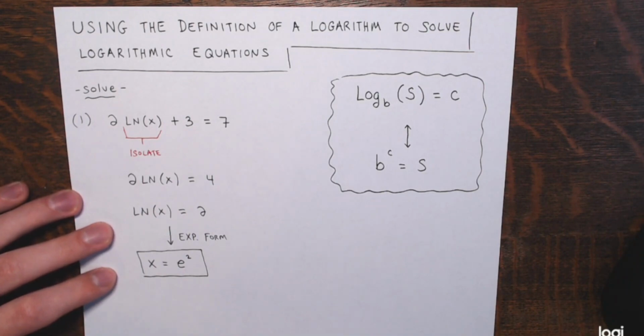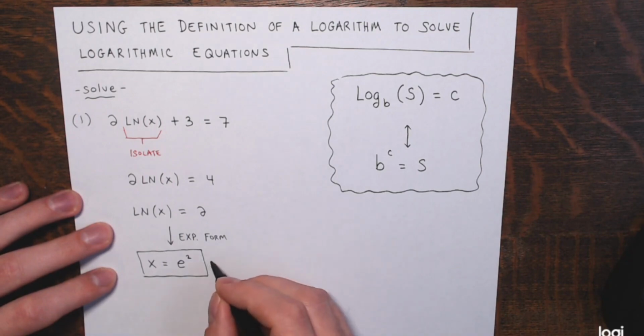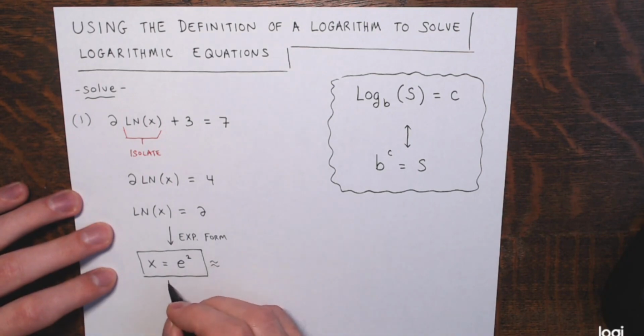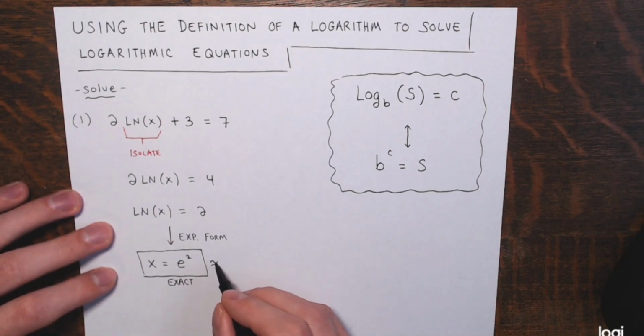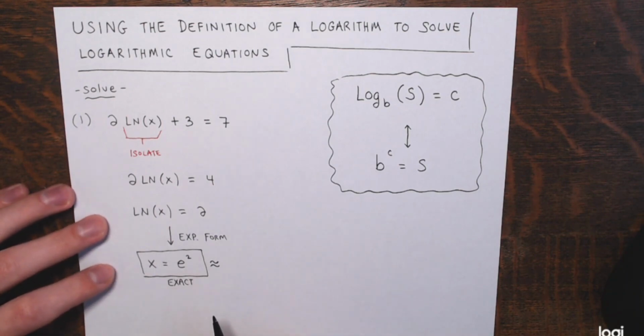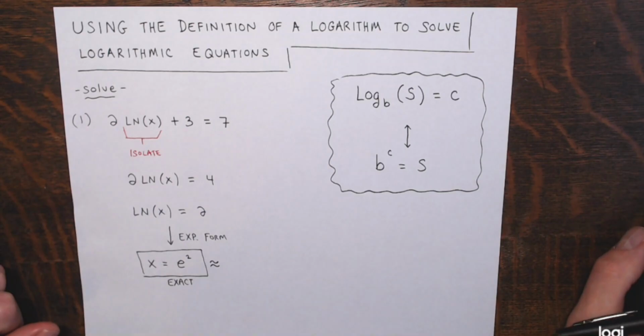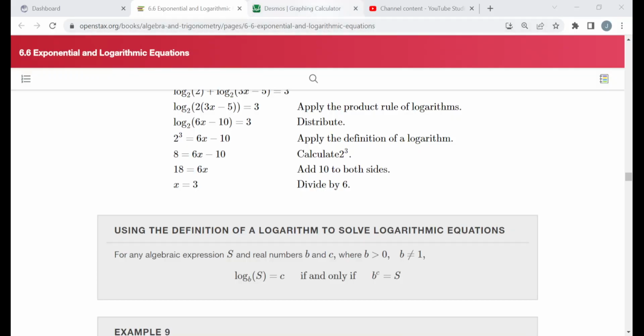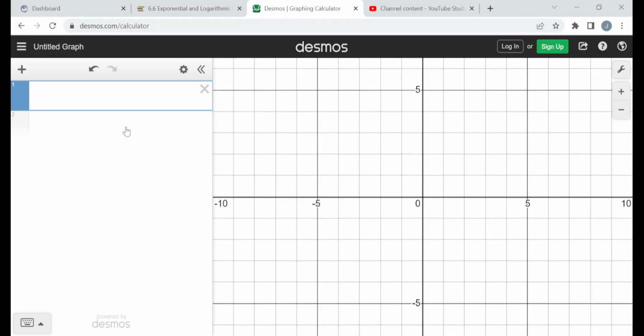All right, e squared. Now, of course, they would call this the exact answer, before I punch it in a calculator and then round it. In some exercises, you might be asked to round to the nearest thousandth or ten-thousandth or whatever. I'm going to round all my answers here to the nearest thousandth. The calculator I like going to is the free online graphing calculator at desmos.com.